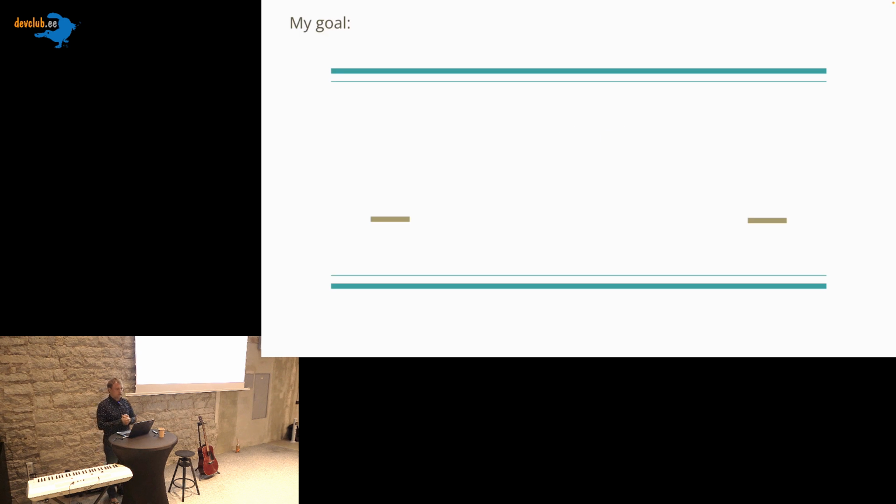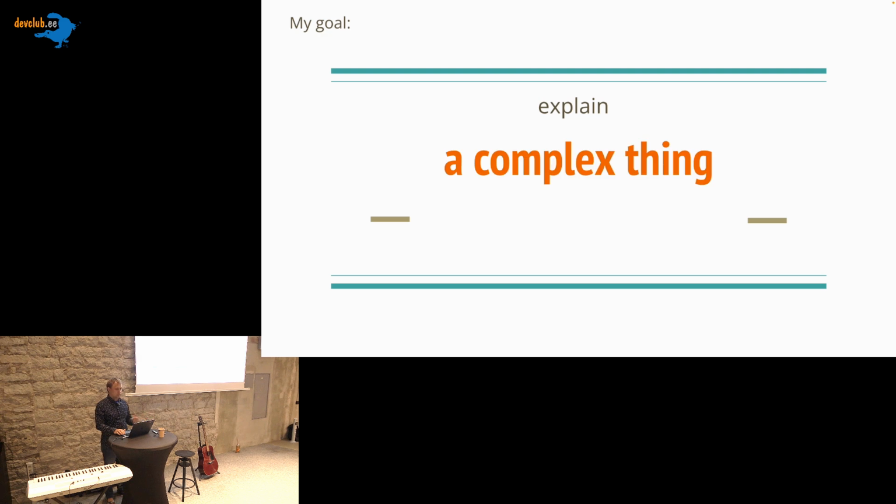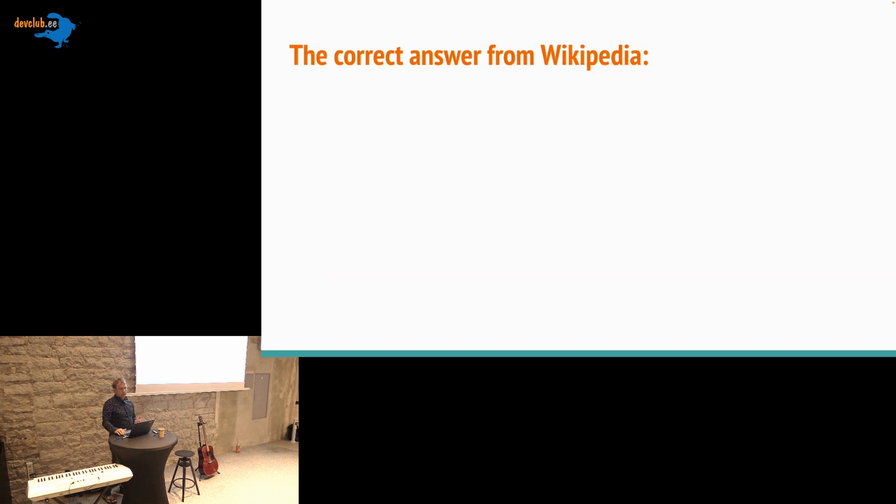My goal is to explain this complex topic in as simple a language as possible, because the correct answer you can find on Wikipedia. There is a correct answer to why we have 7 notes.